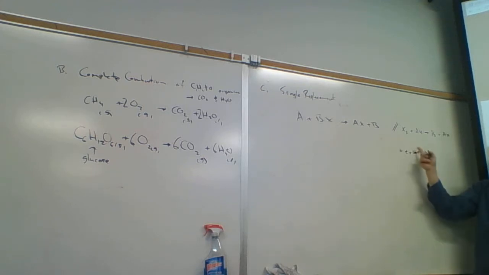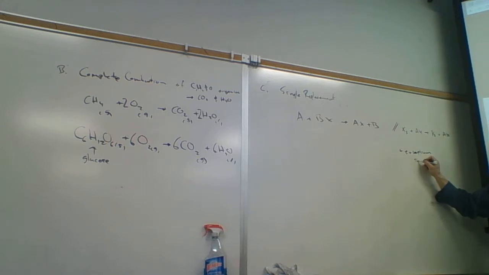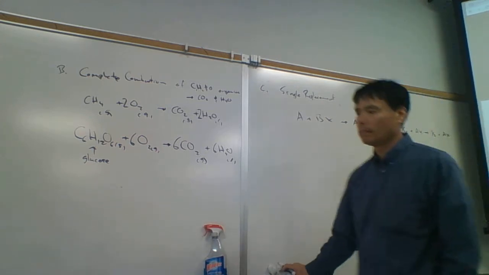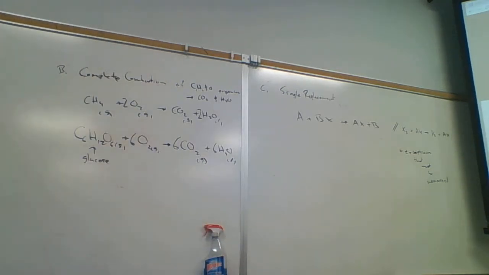So there are two single replacement patterns, plus there are exceptions that must be memorized. So if we have something like Zn solid, this is our A, plus HCl aqueous, this is our BX. So A is going to be an element, BX is a compound, so it's an element plus a compound.